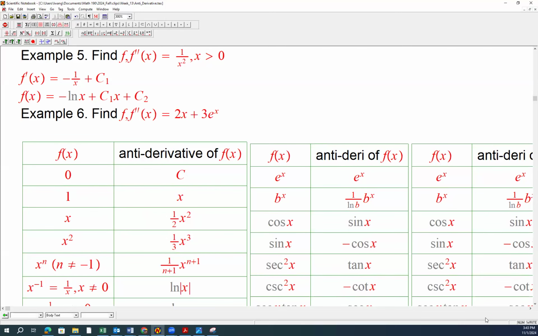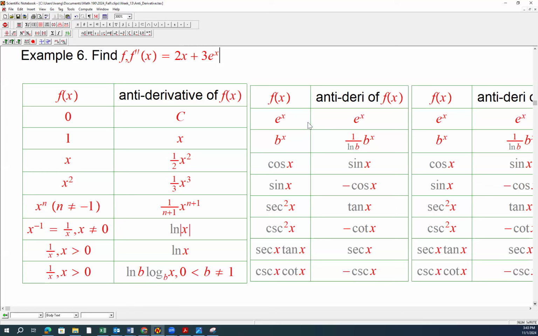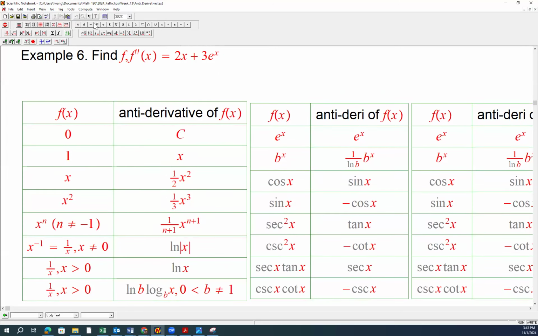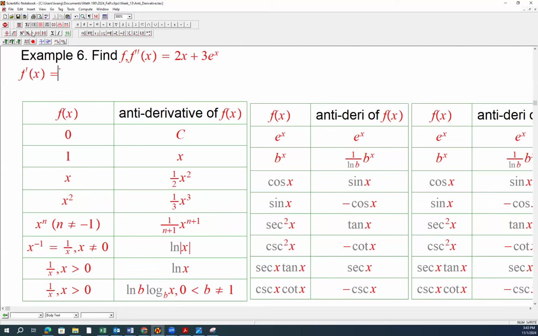Okay, example number 6. We got an exponential function. So once again, f prime of x equals the antiderivative of 2x, which is x squared, plus 3 times e to the power x. The antiderivative of e to the power x is the same, plus c sub 1.